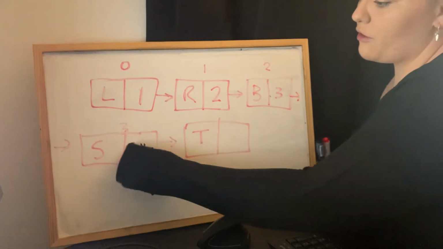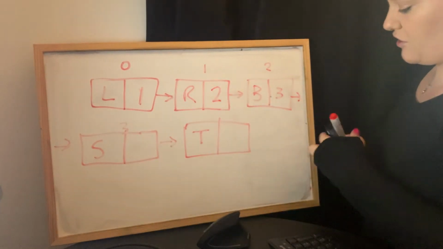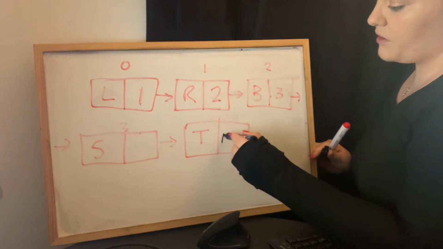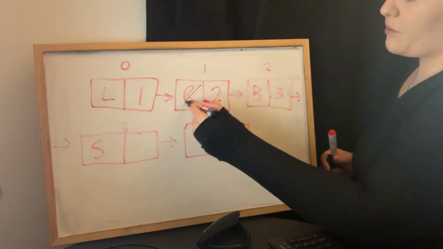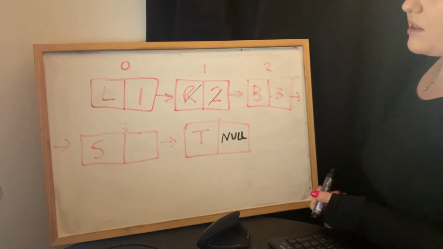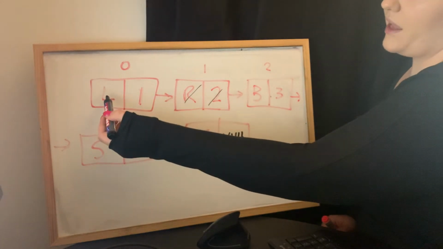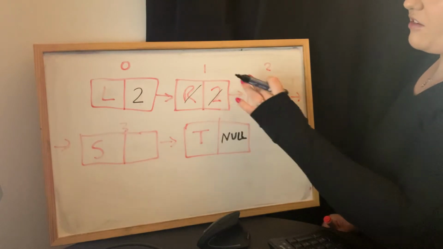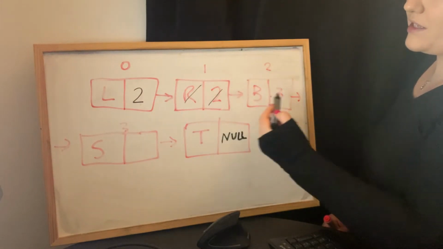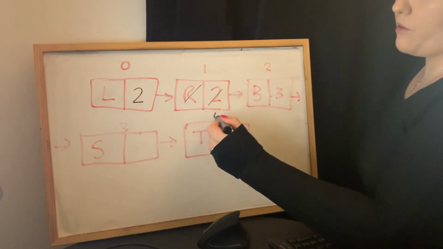We now go through and update the index positions, so this becomes null, and working from the front, this one essentially doesn't exist. So this is now pointing to 2 instead, and this one is still pointing to 3 and onwards to 4.